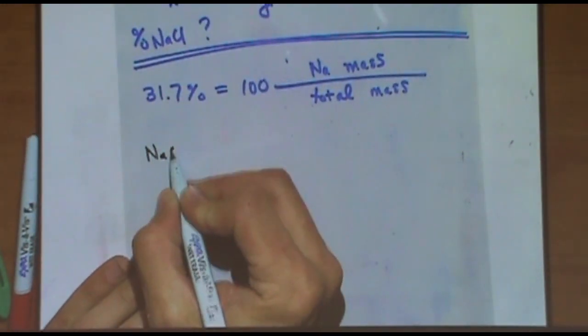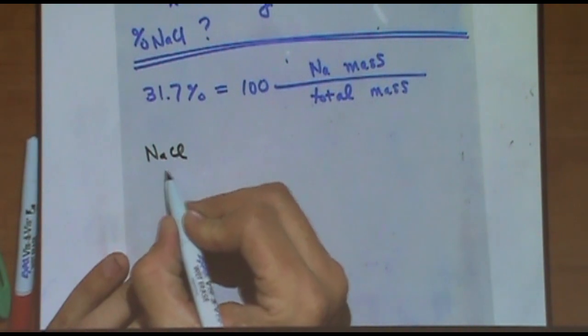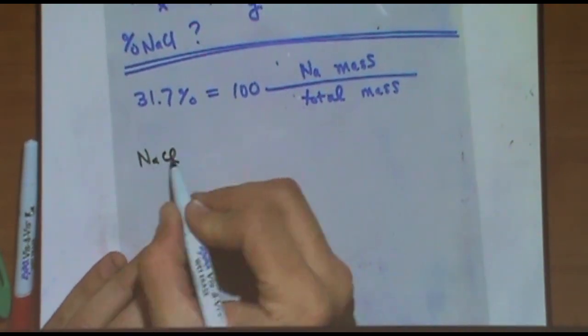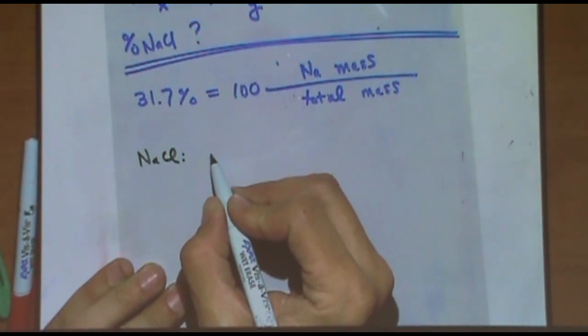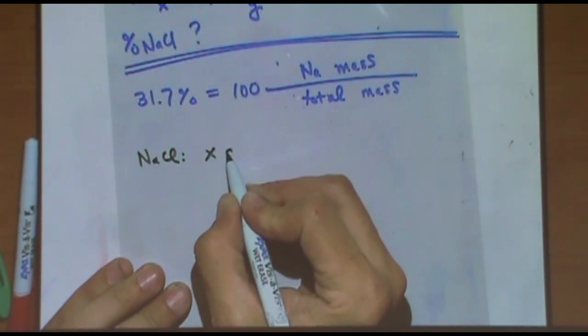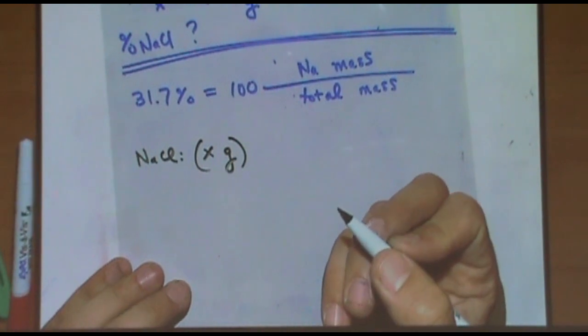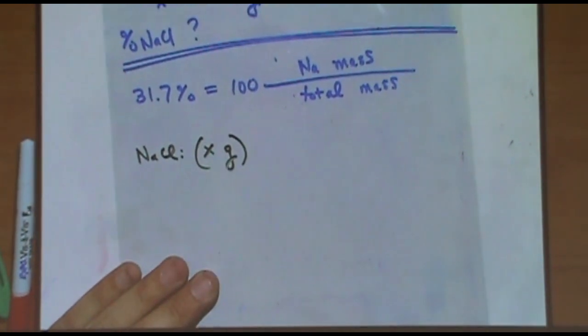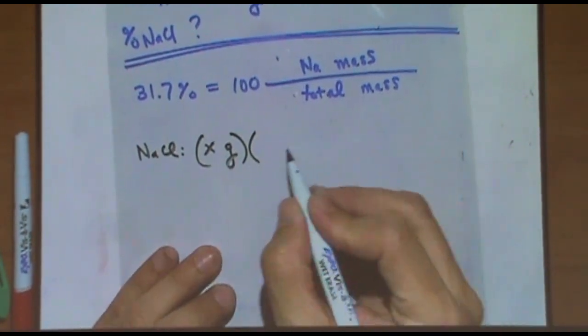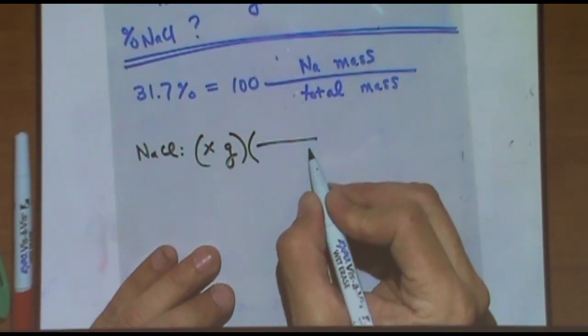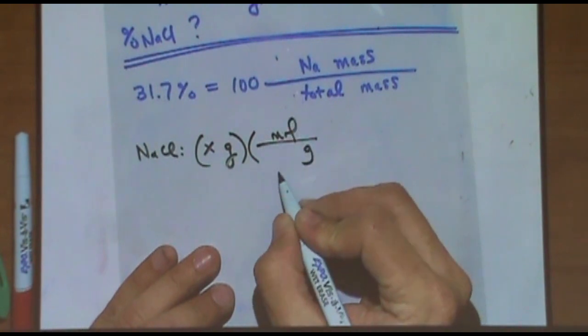If NaCl had a mass of X grams, I want to find the mass of sodium. So I would go the molar mass of this from the periodic table.